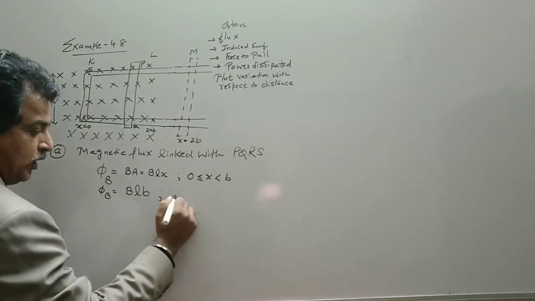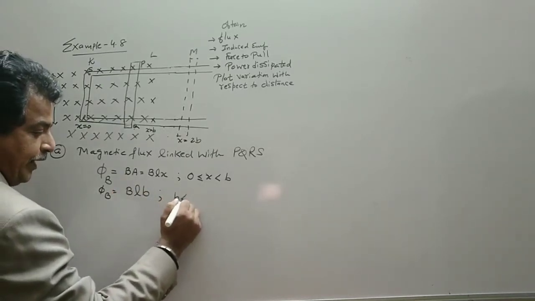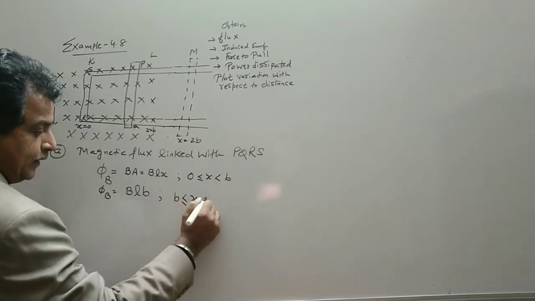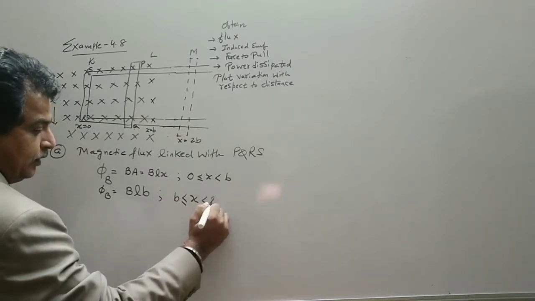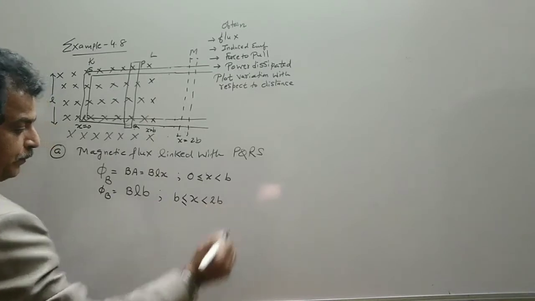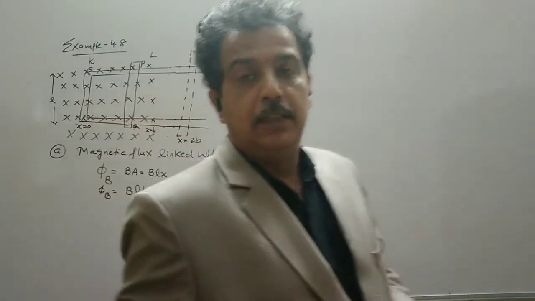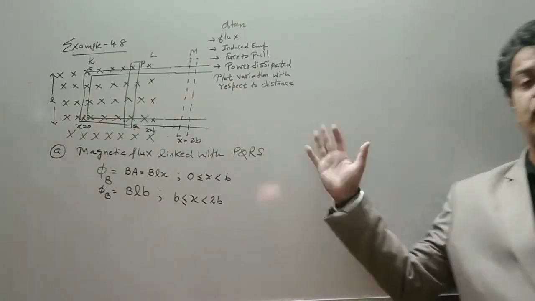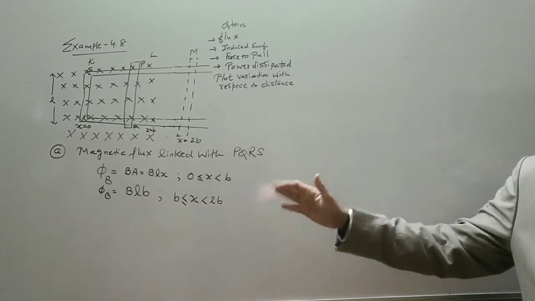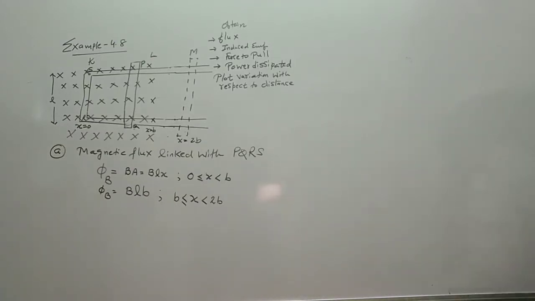Then the situation is b less than or equal to x less than twice b. So this will be the situation. The magnetic field exists up to b only, and thereafter it is given that the magnetic field intensity becomes 0.